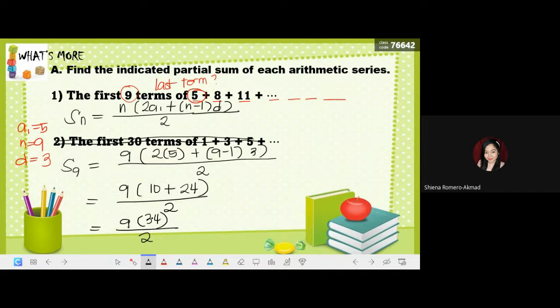So, pwede tayo mag-cancel out, no? 34 divided by 2 is 17. So, matitira 17 times 9. What is 17 times 9?